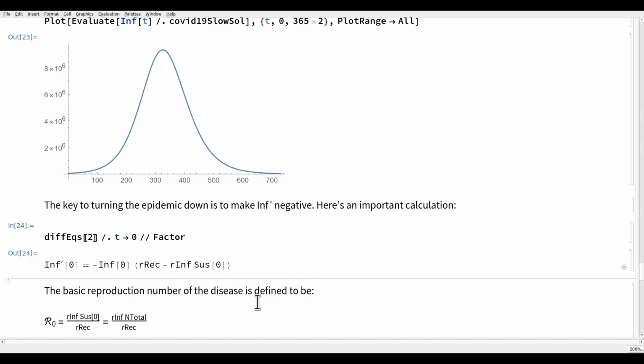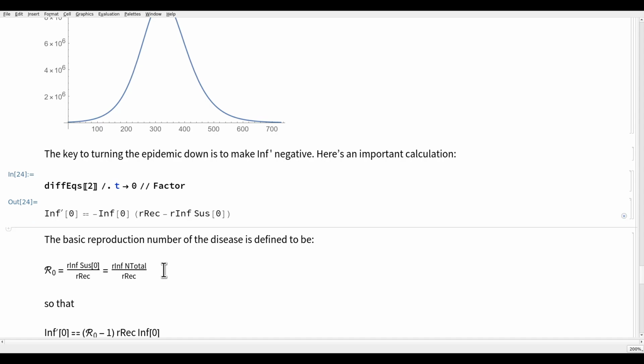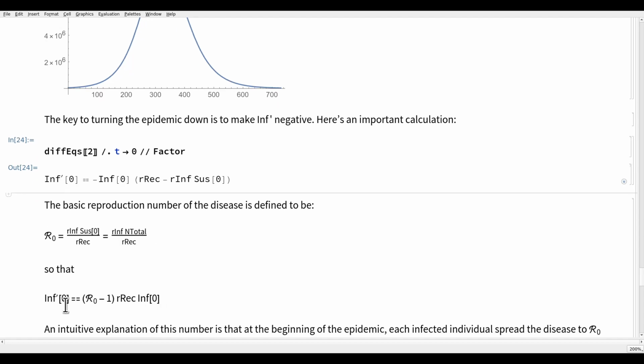In epidemiology literature, the basic reproduction number or basic reproduction ratio is defined to be, in the notation I've used here, rInf times in total over rRec. What that means is that at time 0, inf prime is (r0 minus 1) times rRec times inf 0.